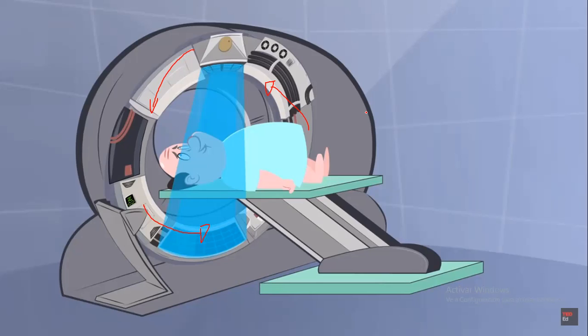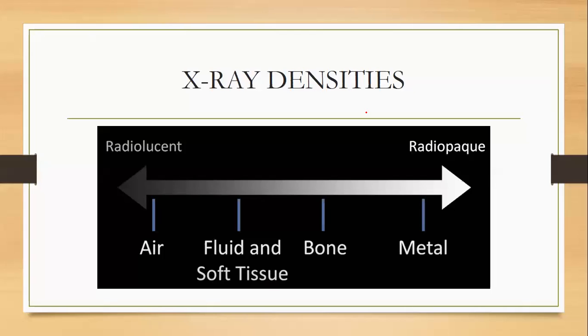Okay, so as a conclusion, we can say that CT can deliver a lot more ionizing radiation than an X-ray. So here we have what I was already mentioning, which is the X-ray densities.